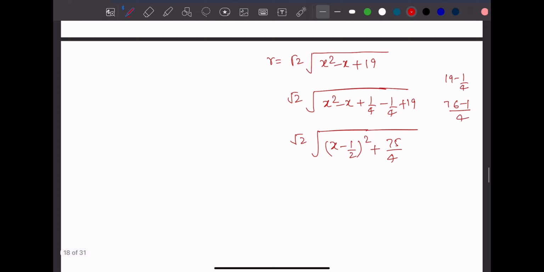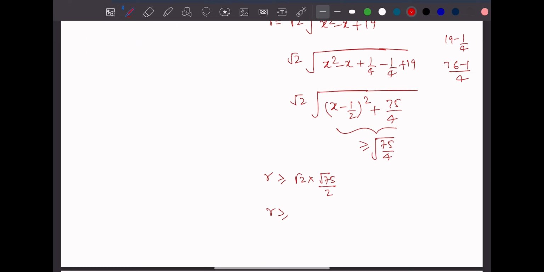Okay, 75 by 4. So obviously कि this thing is always greater than or equal to root over 75 by 4, which means we are getting r is always greater than or equal to root 2 multiplied with root over 75 by 4. यानी कि r is always greater than or equal to root over 75 by root 2.